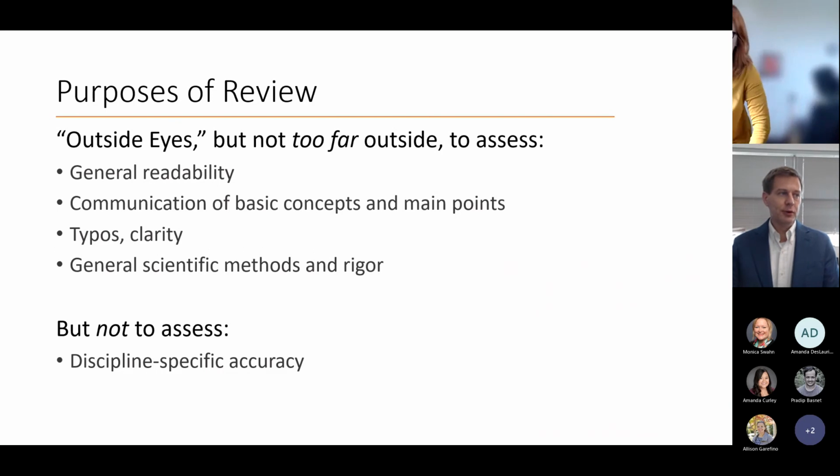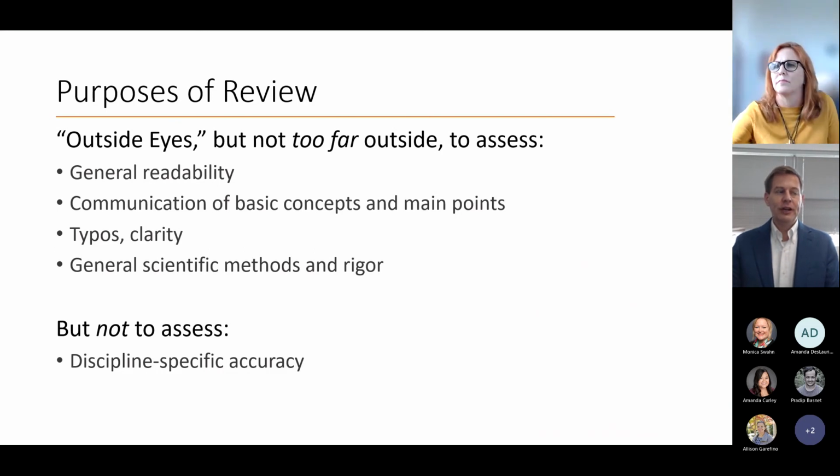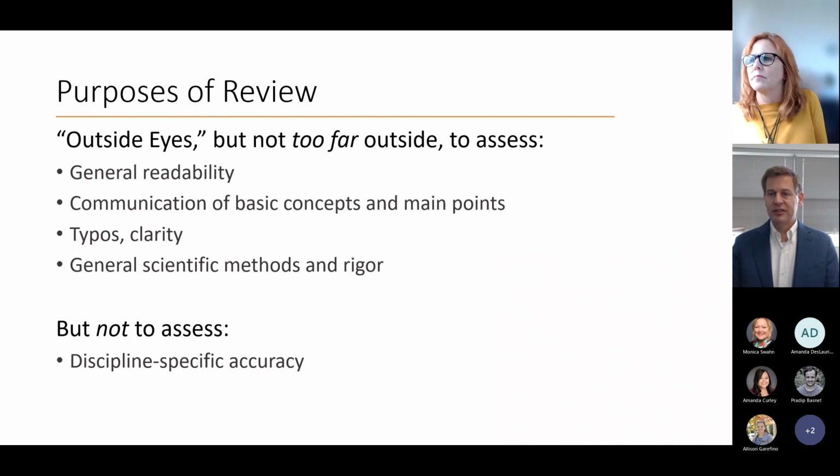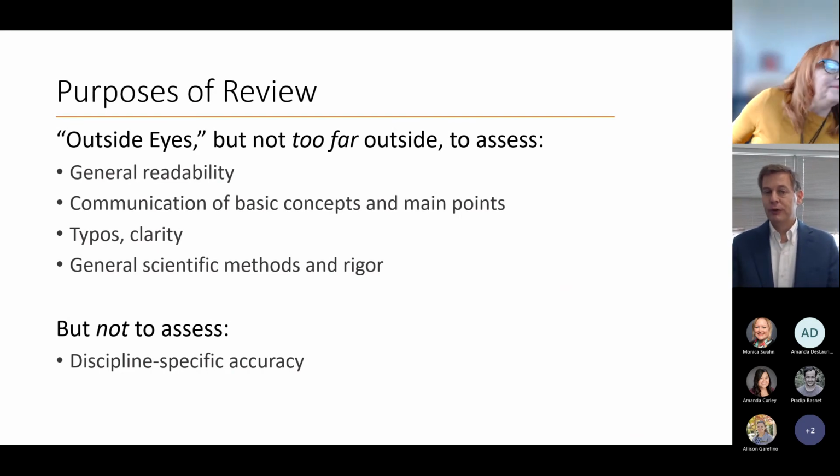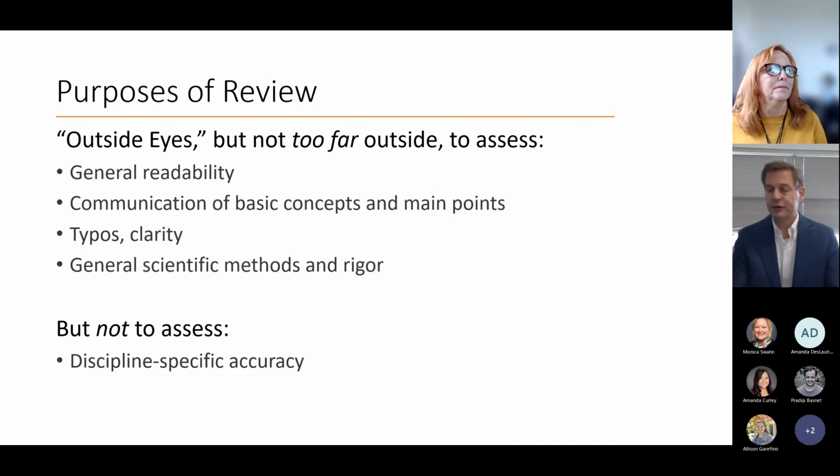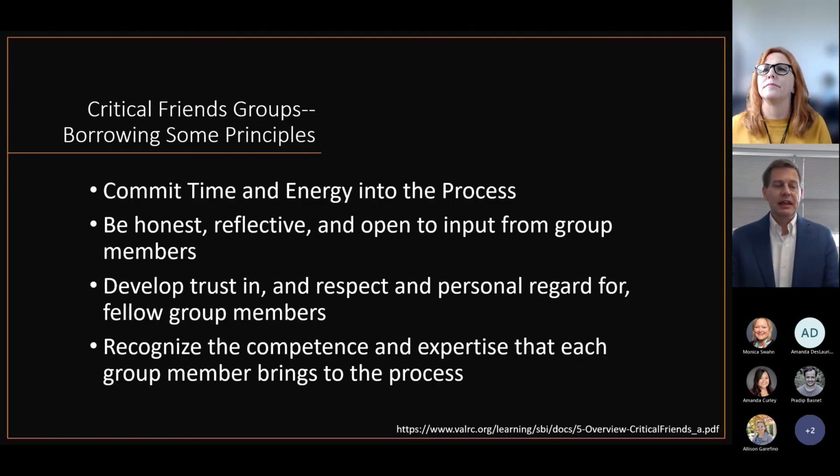They will help with typos and clarity, and general overview of scientific methods and scientific rigor, but don't expect discipline-specific accuracy. Don't expect someone to give a thorough review of whether your statistical methods are appropriate or not. That's not the purpose of this Critical Friends network.